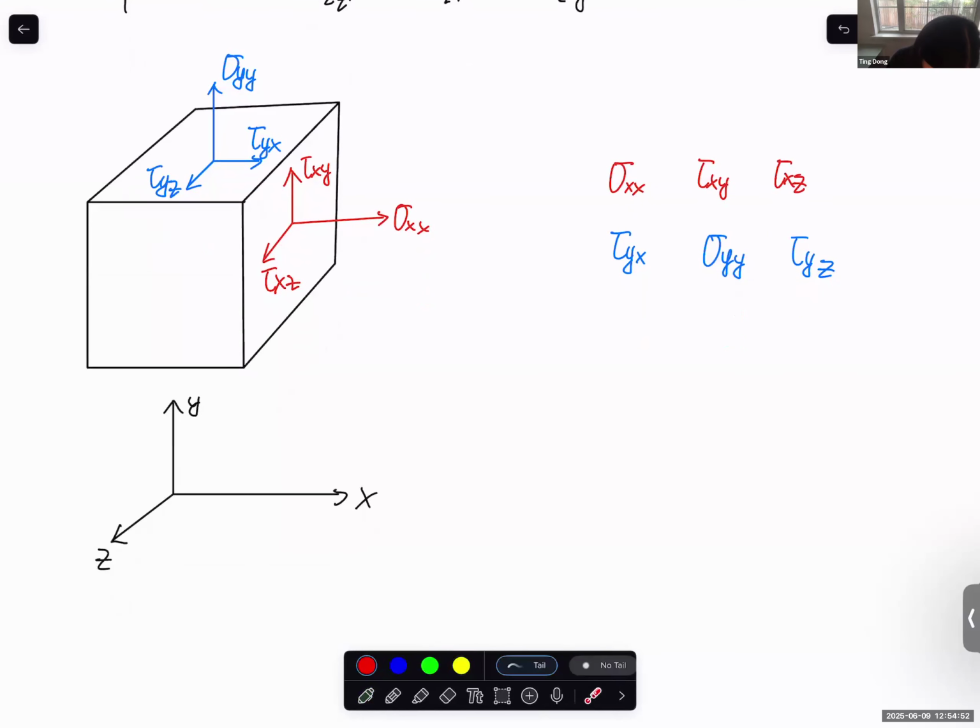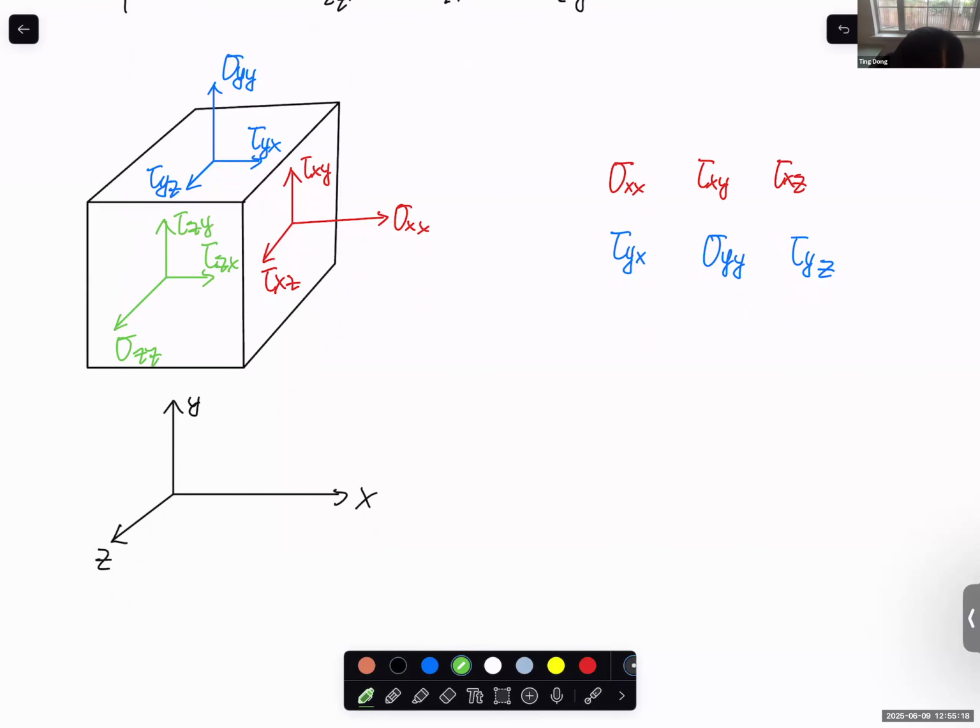And now this is the plane that is facing the z direction, so this is the z plane. On the z plane, of course, we have sigma zz, the shear stress on the z plane in the x direction, tau zx, and on the z plane in the y direction, tau zy.